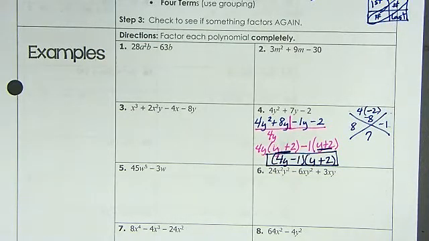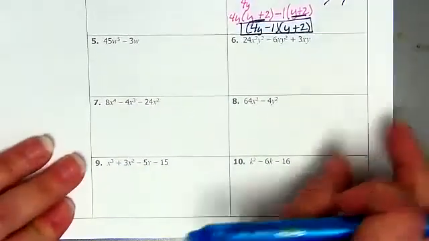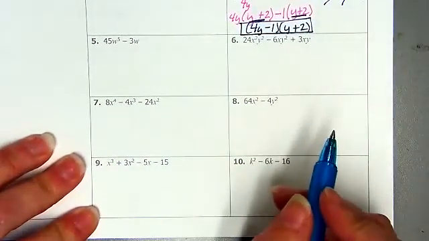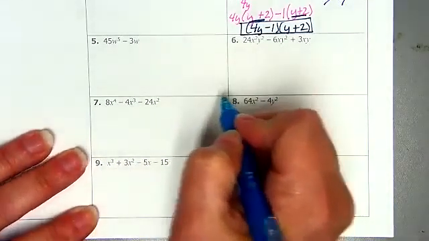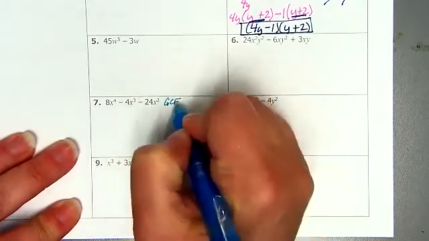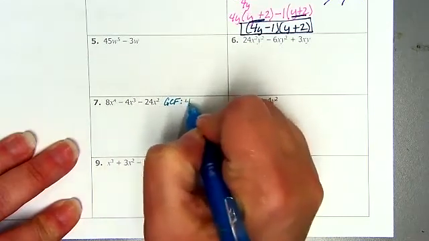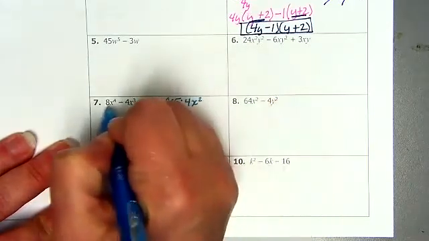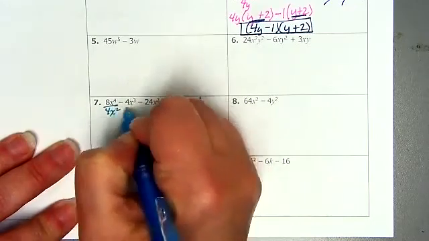Okay, next example. Moving right along, we're going to look at number 7. Again, first things first, I'm looking for a GCF. And my GCF is 4x squared, which means I'm going to have to divide each one of these by 4x squared.